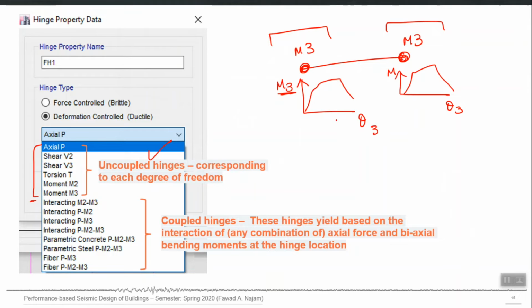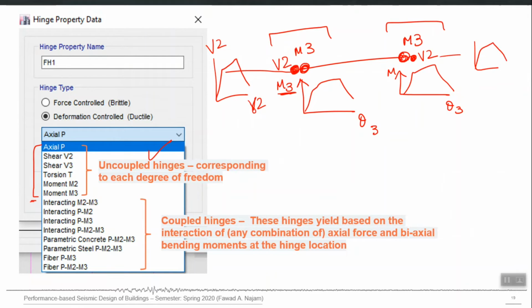Unless I also decide to include some other hinge. Let's include a V2 hinge also, maybe another point V2 hinge. Here also let's say V2 hinge. Now what is happening is that 2 out of 6 degrees of freedom are made nonlinear. This V2 will have an input equal to V2 versus, let's say, gamma 2, which is the shear deformation in 2 direction, a nonlinear relationship between them, right? Same is the case on the other side.